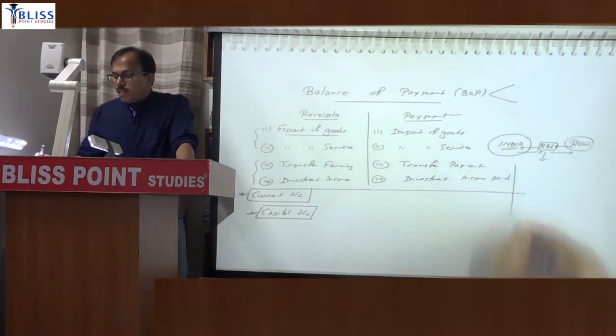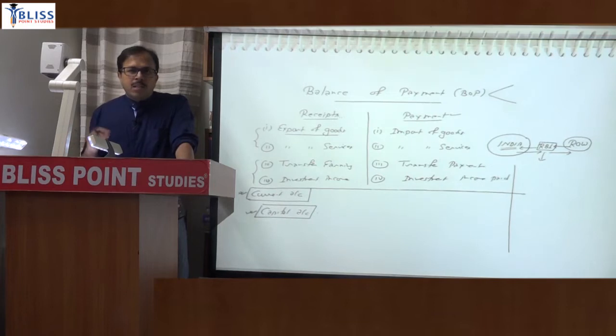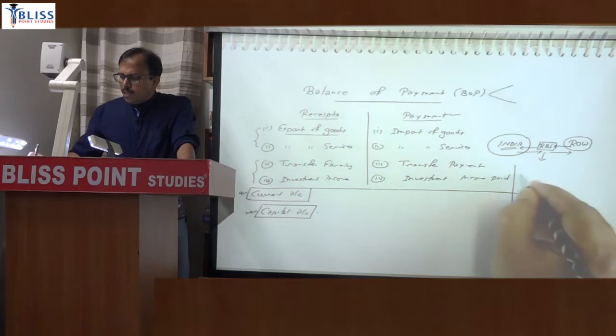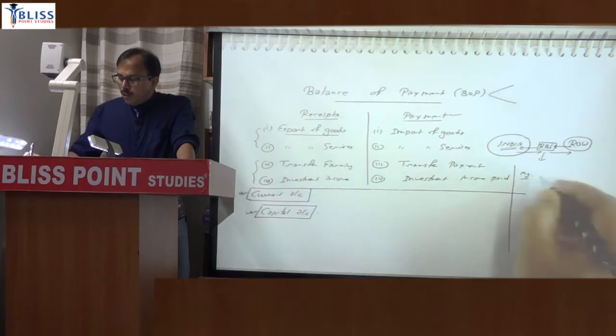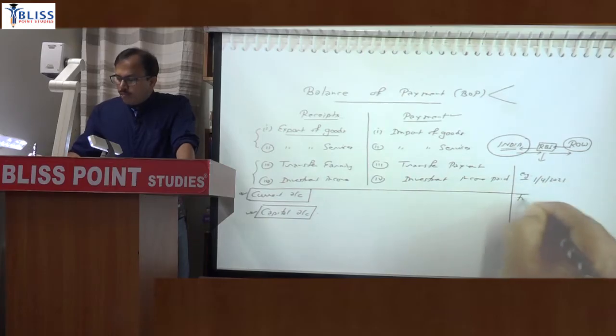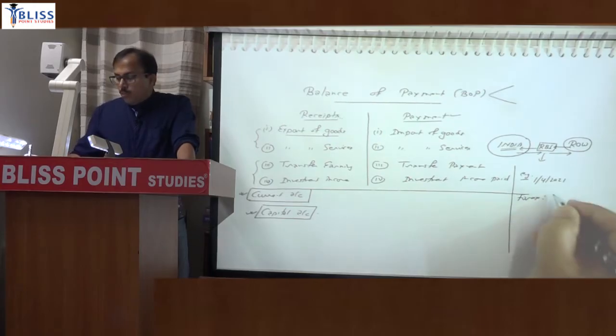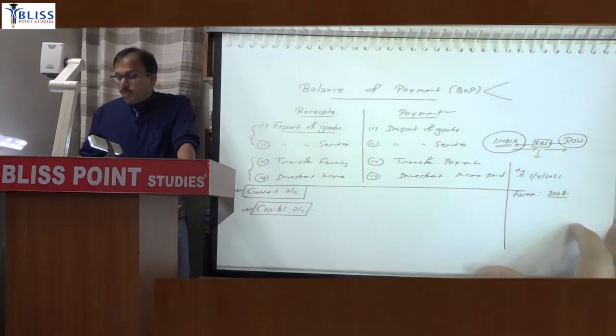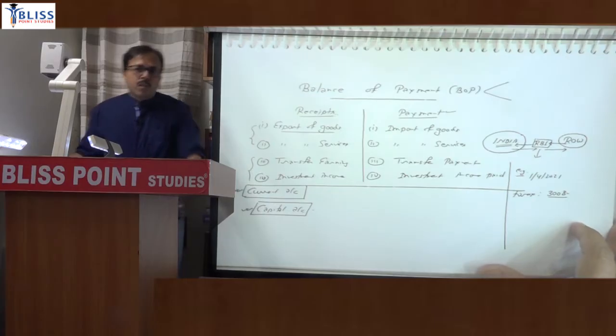If it is through the central bank, then there is a better or easier way to interpret balance of payment deficit. Suppose, for example, on 1st of April 2021, the foreign exchange reserve with RBI is 300 billion.